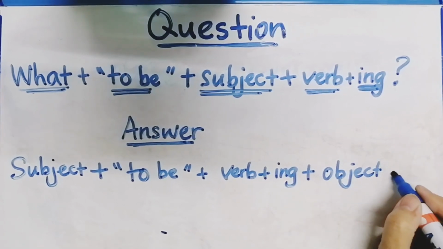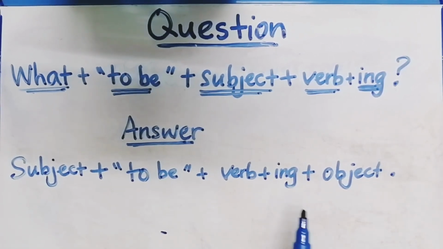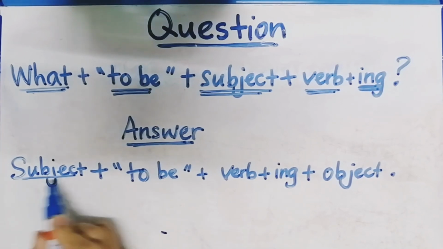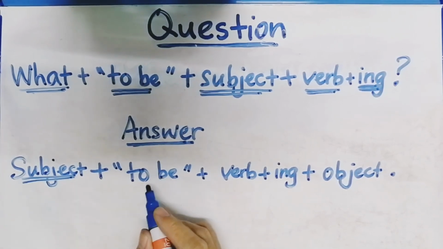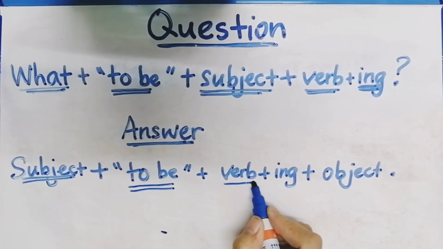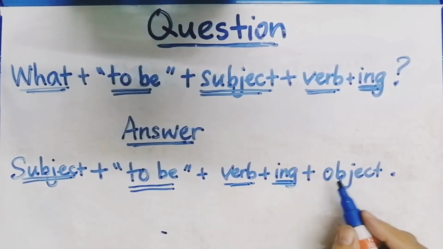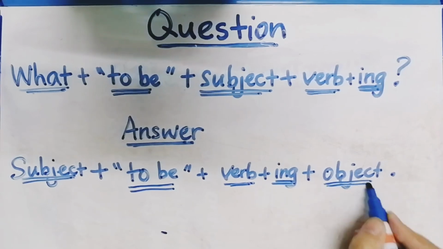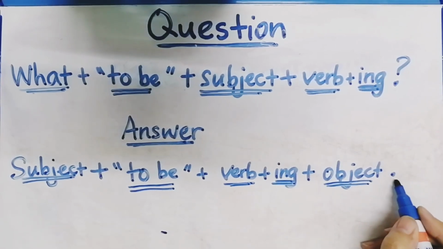And don't forget the full stop. Remember, begin your answer with the subject, followed by the verb to be, and then the verb with ing. And sometimes you have to plus the object. And remember your full stop.